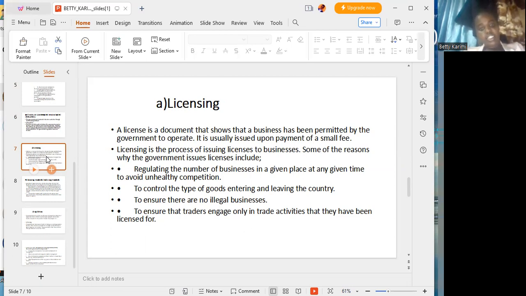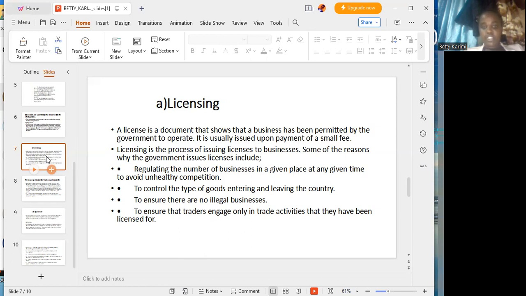Licensing is the process of issuing licenses to businesses, and some of the reasons why the government issues licenses is to regulate the number of businesses in a given place at any given time to avoid unhealthy competition. So the government uses licensing to prevent overpopulation of businesses in one area, and this helps prevent unhealthy competition.